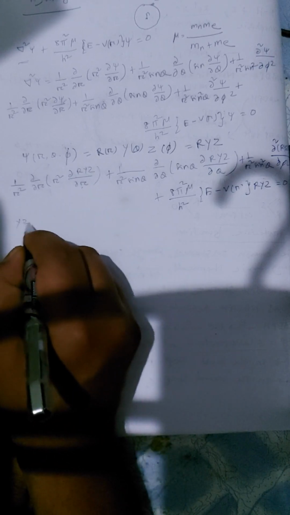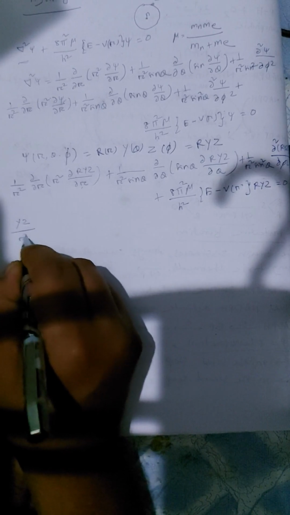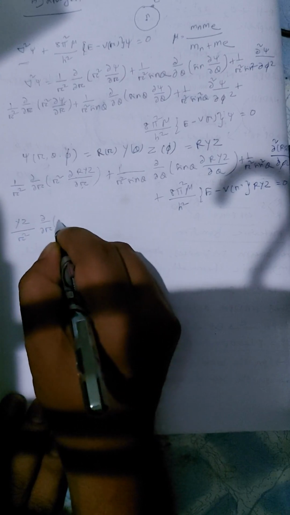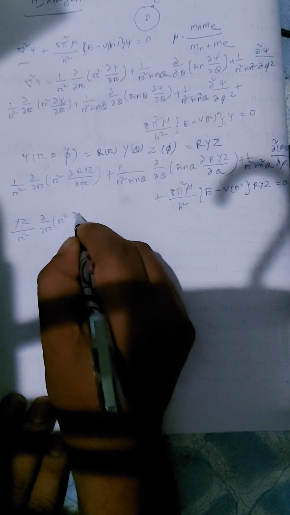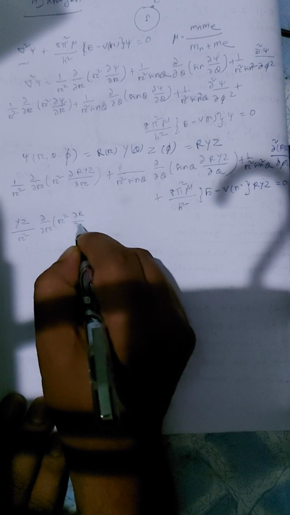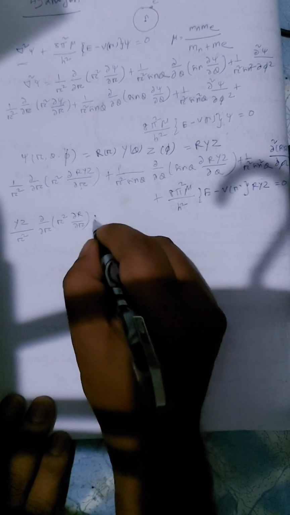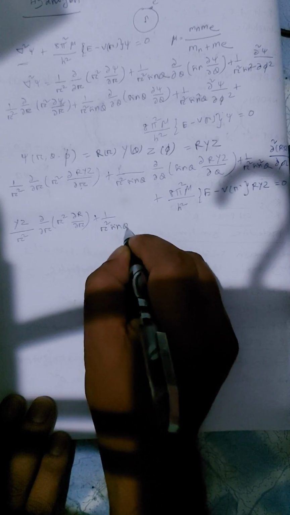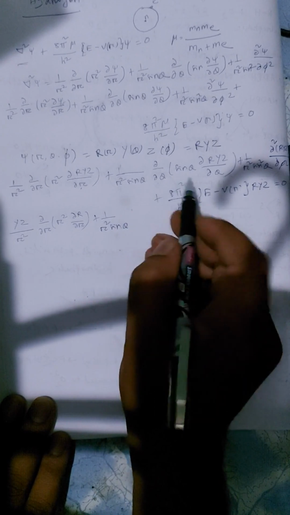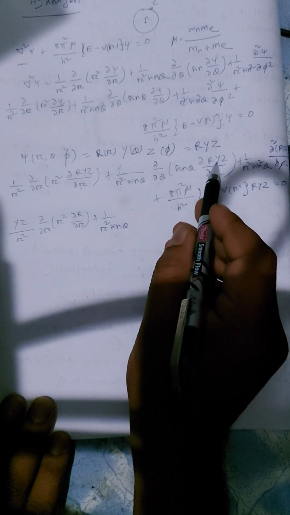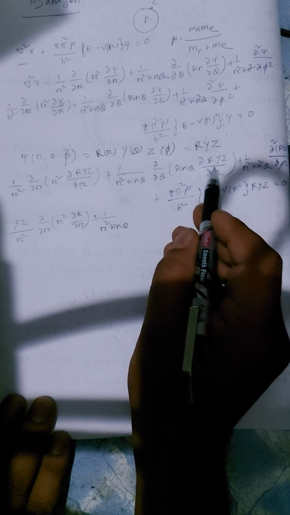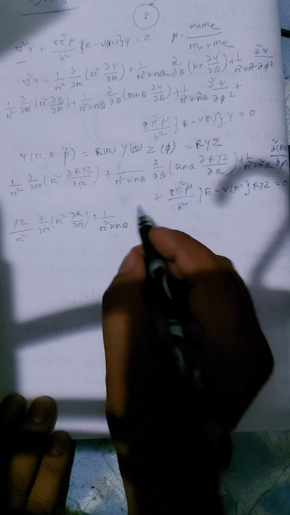So we take Y, Z outside: r square dou by dou r, r square dou R by dou r, plus 1 by r square sin theta. This is a function of theta, so Y is a function of theta, so keep Y there and R, Z is constant, to the outside.